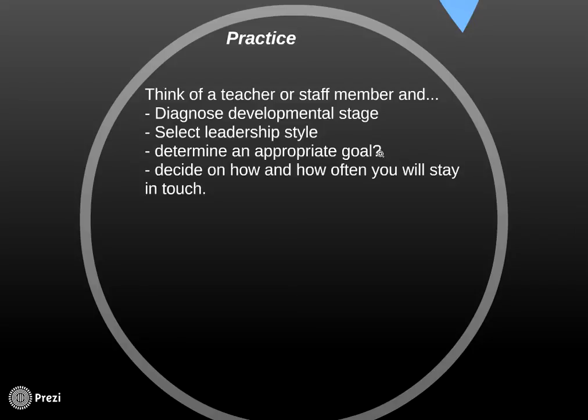If they're at stage 3, what's the next goal to get them from stage 3 to stage 4? And if they're at stage 2, what's the goal or task to get them from stage 2 to stage 3? What specifically are you going to do to get them to the next stage? And then the last bit, how will you track that progress?